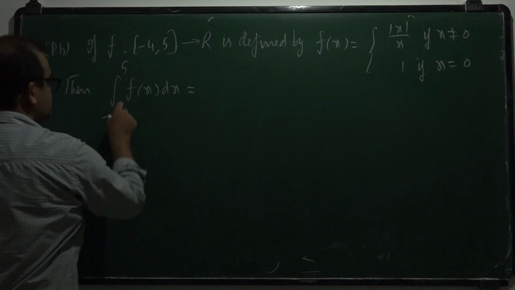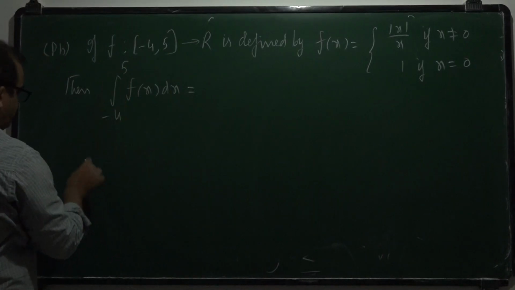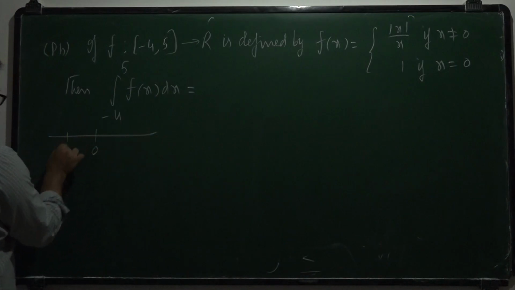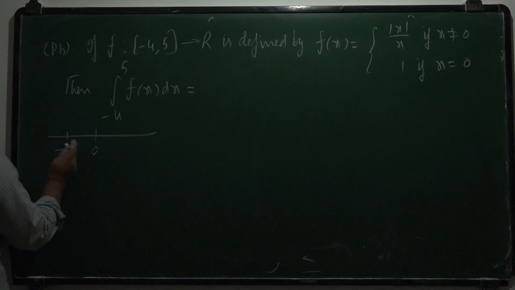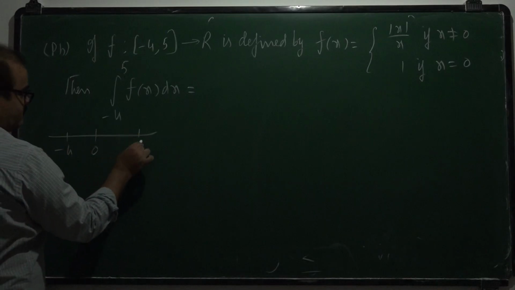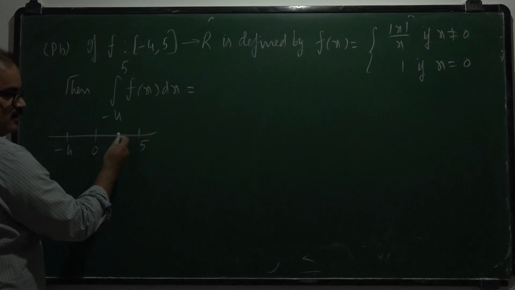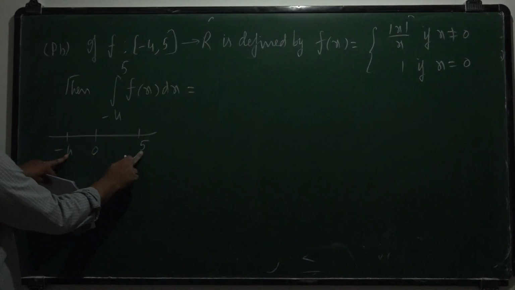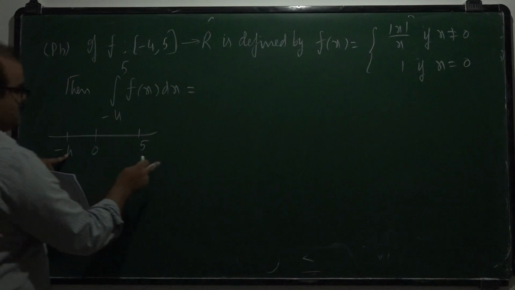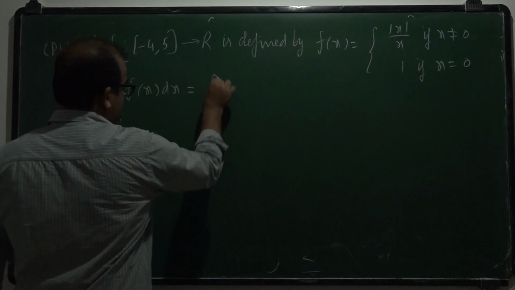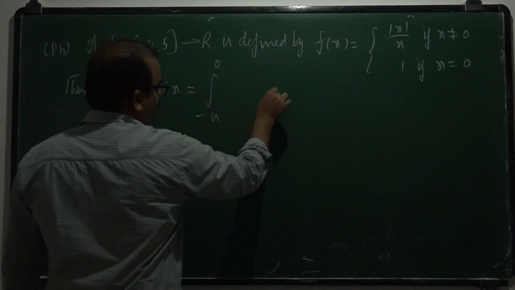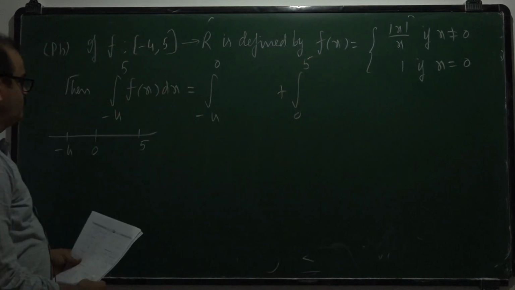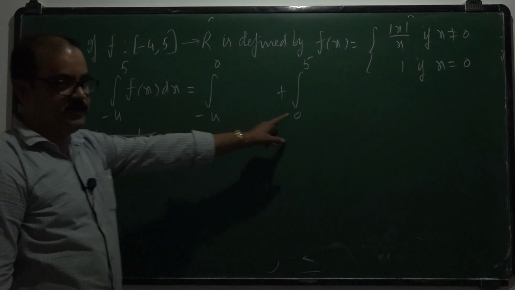Here integration is in between minus 4 to 5. See the real line: 0, minus 4 lies on the negative side, and 5 lies on the positive side. The interval is from minus 4 to 5. Minus 4 to 5 is taken as minus 4 to 0 plus 0 to 5. We split this integration into two parts.